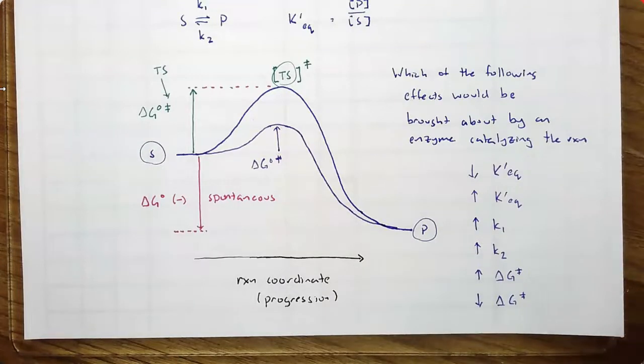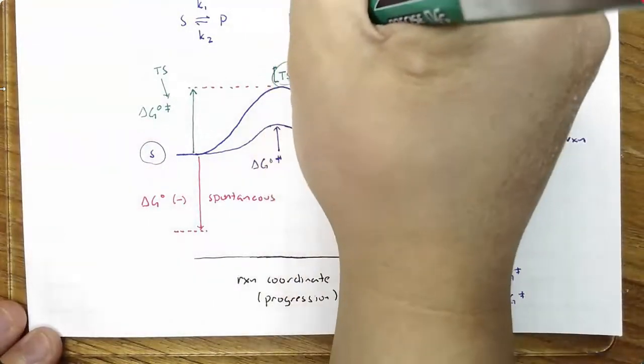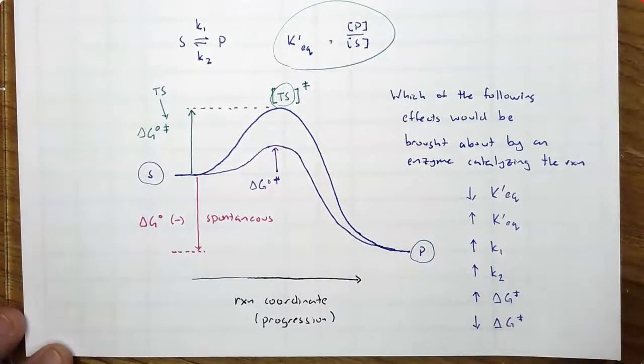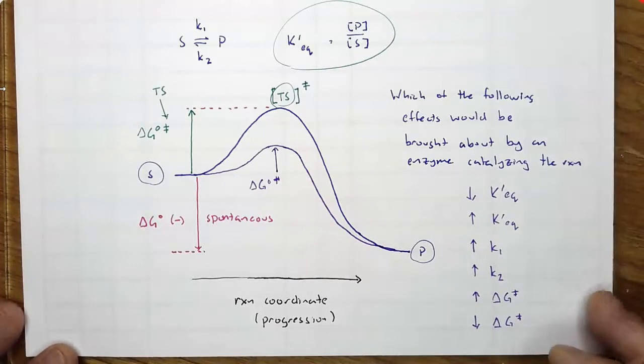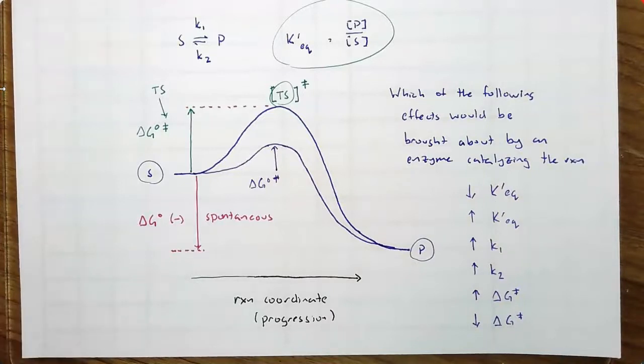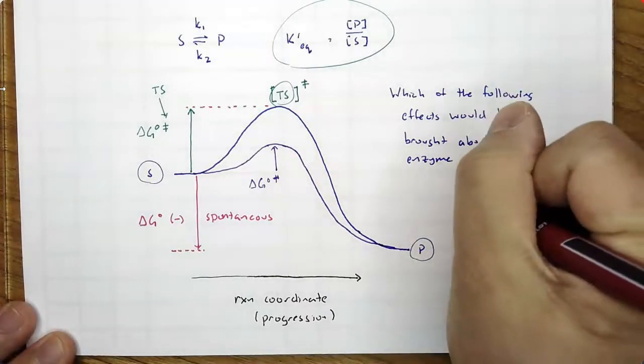Okay. The equilibrium doesn't change. The ratio of products to substrate is going to be constant if you hold the temperature constant. So these would not change. So we could get rid of those two.